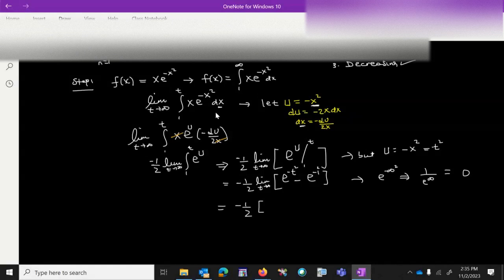So the first part is 0 when I plug in t equals infinity. And then the second one, e to the power of negative 1, is simply 1 over e. So this is going to be minus 1 over e.